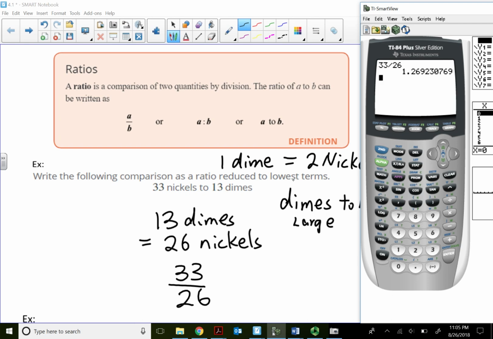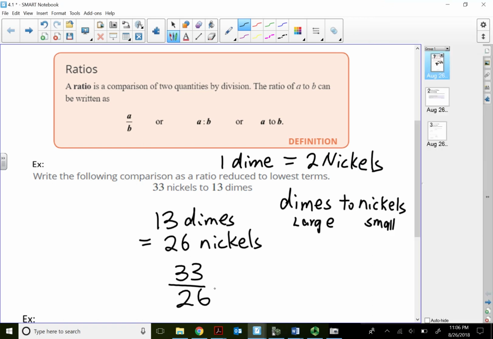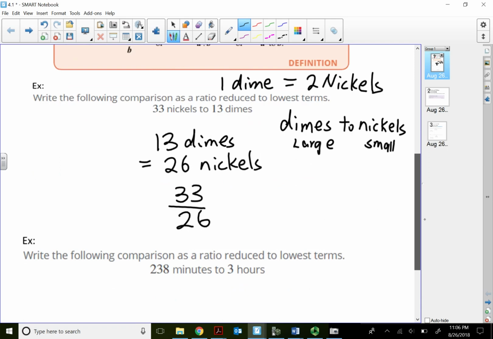Since the problem wants me to reduce to the lowest term, that means it wants a fraction answer. As you recall in Module 2, there are two different types of fractions, proper and improper. It does not matter in this case as long as it's a fraction answer. I press Math, choose number 1, convert to fractions, which is still going to be 33 over 26 because it cannot be reduced. So my ratio for this problem is 33 to 26.